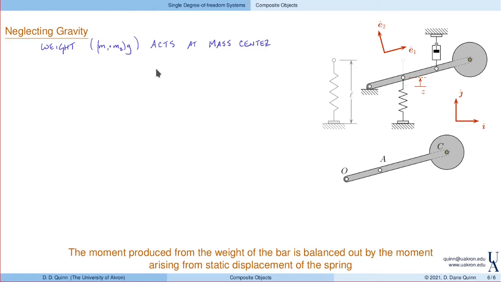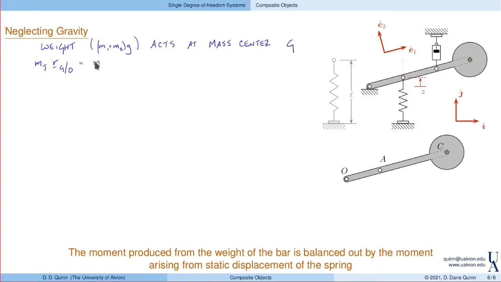We can determine where the mass center is by using, basically, the definition of the mass center. So that's the total mass of the system times the position of G with respect to some point. And here, let's use point O, as we see here. So let's measure the mass center with respect to O, and we'll identify that point as G. And that's going to be basically the mass of the individual parts times the location of their mass center.